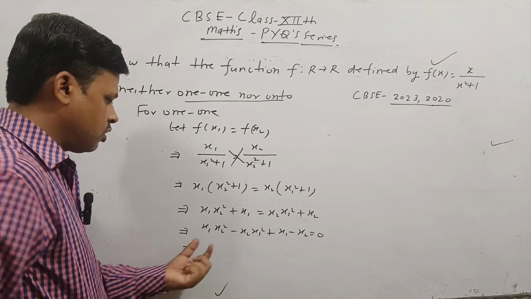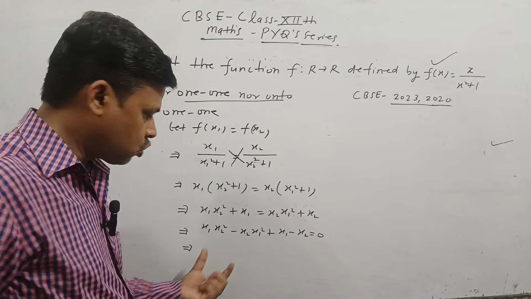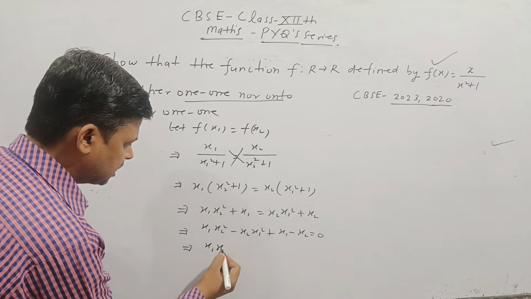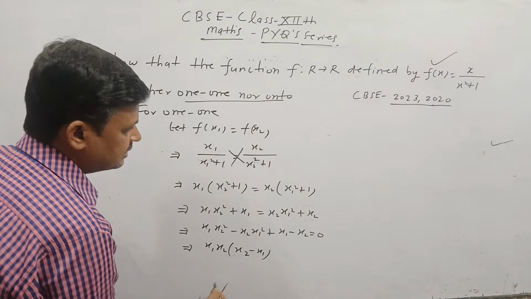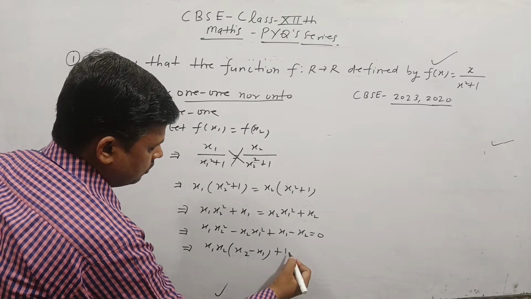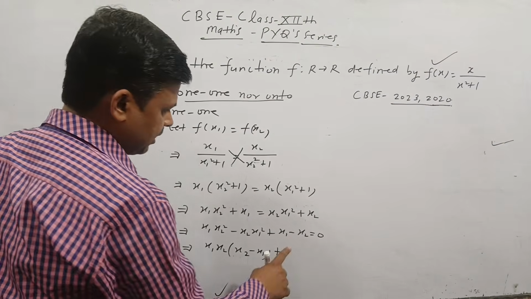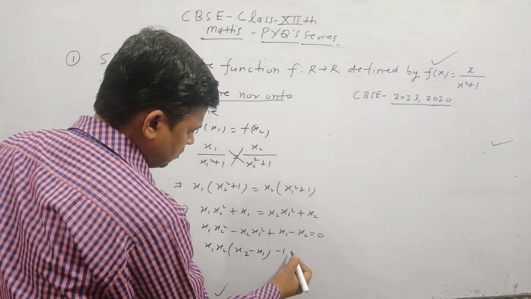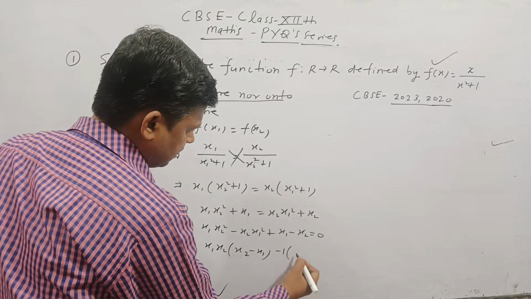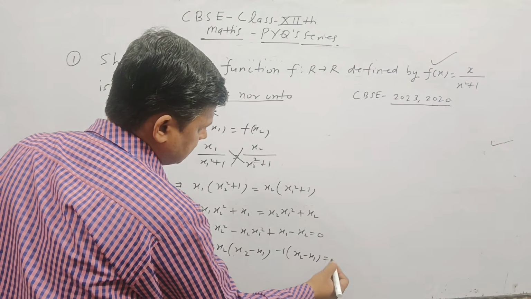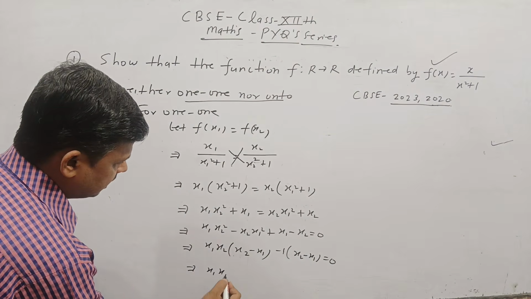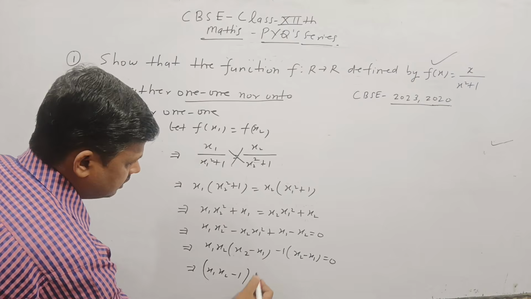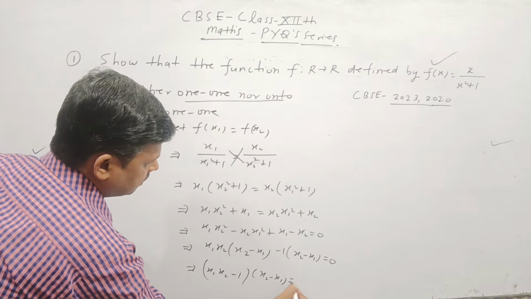We will take x1 x2 common from these two terms, so that will become x1 x2 (x2 minus x1) plus, you can take minus 1 outside, so it will be (x2 minus x1) is equal to 0. In this way you get (x1 x2 minus 1)(x2 minus x1) is equal to 0.